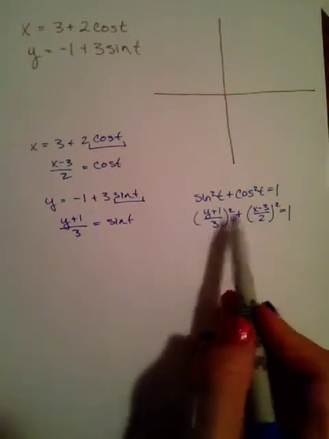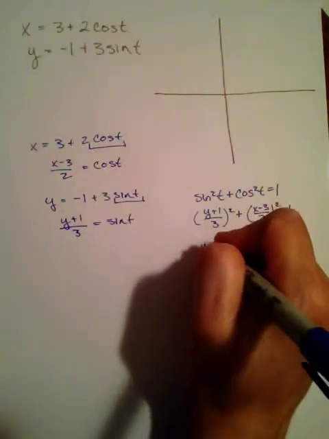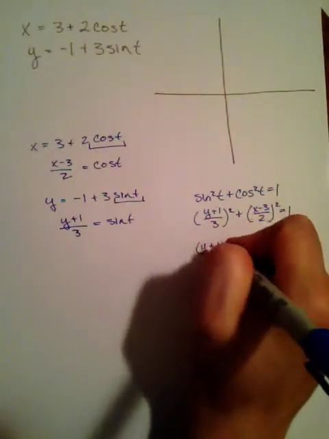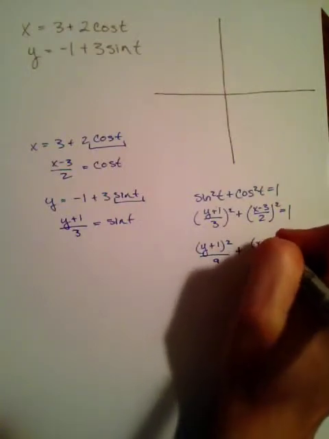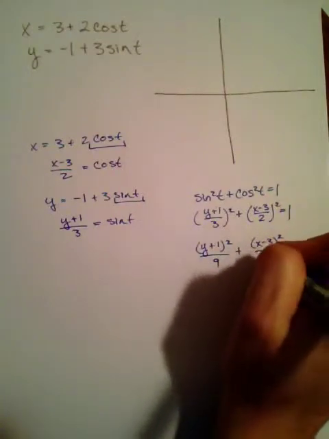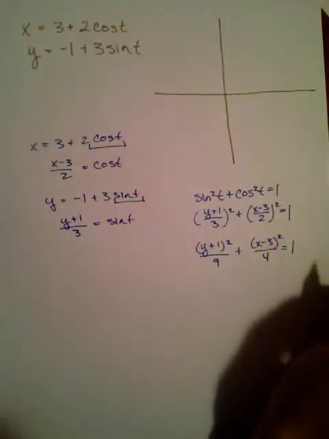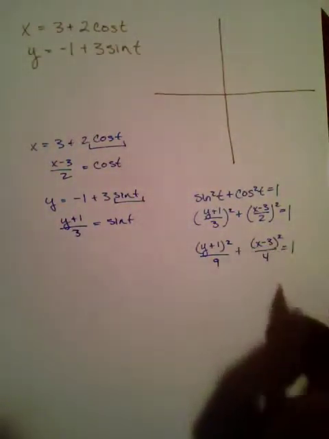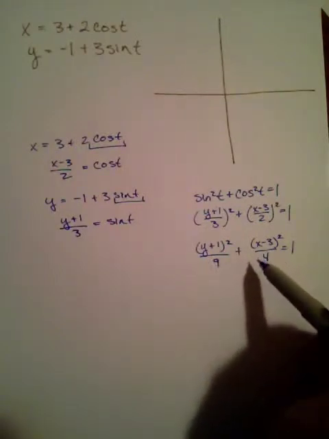So you may or may not have seen this equation in this form. It might be more familiar to you in this form: y plus 1 squared divided by 9 plus x minus 3 squared divided by 4 equals 1. And this should look familiar. It's one of our conic sections. It's not a circle because the numbers are not the same.